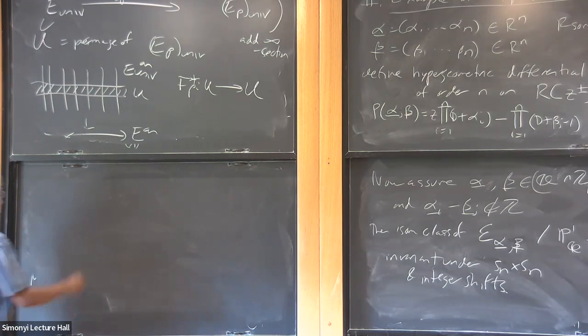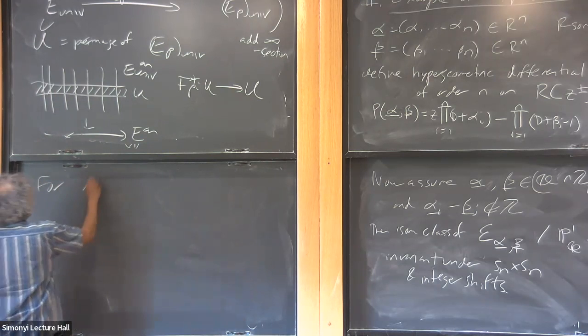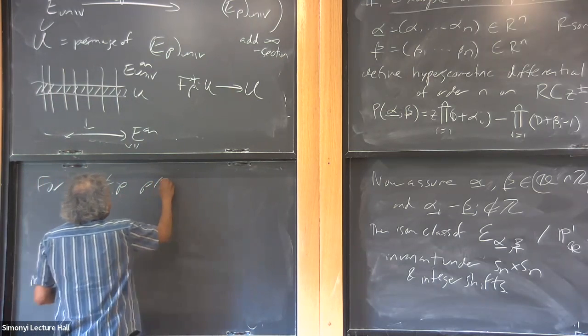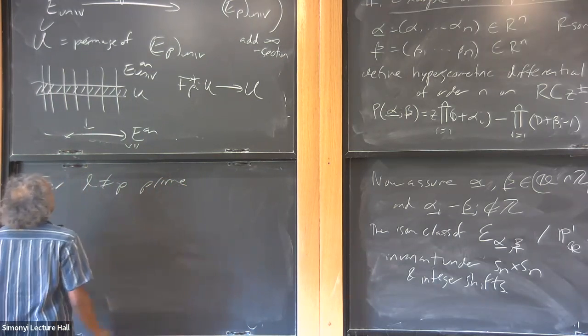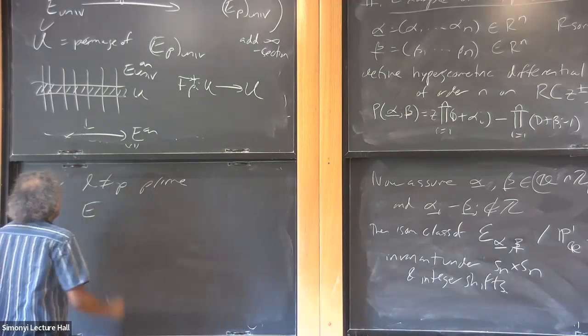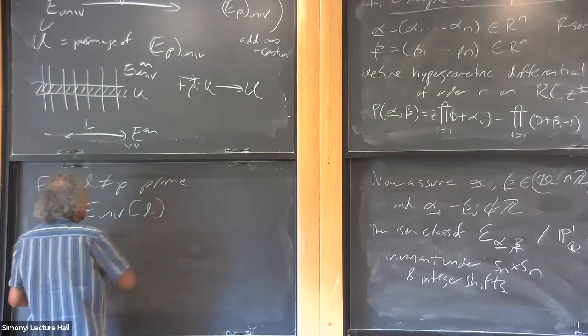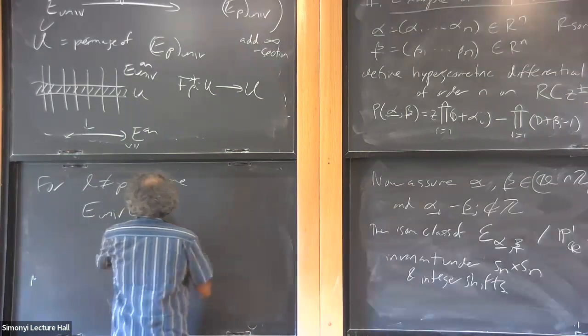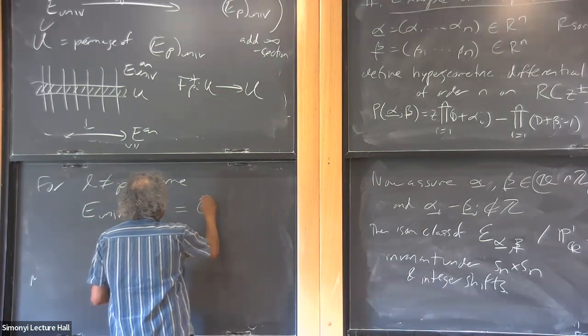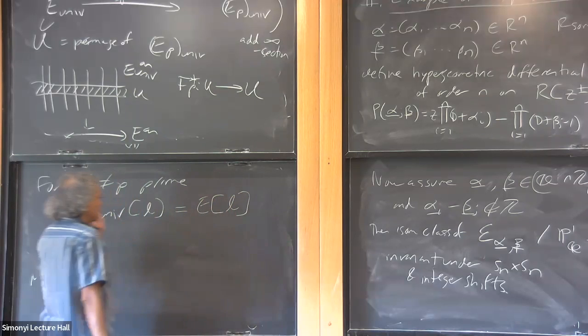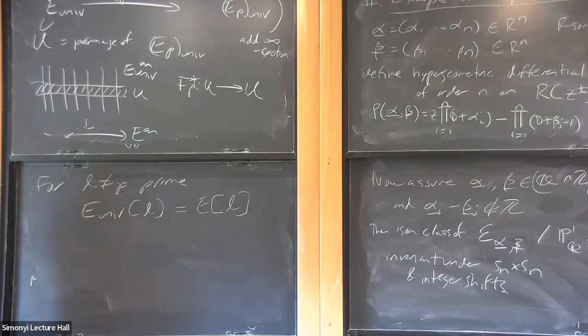Yeah, and so the one comment I wanted to make about this, as time is expiring, is that if I take a prime l that's not equal to p, and look at the l-torsion points in this group scheme, this is the same thing as the l-torsion points of E, because the fibers are G_a's.